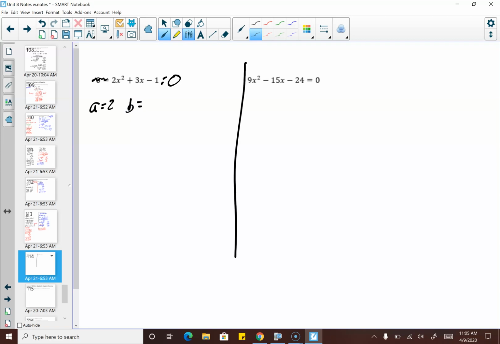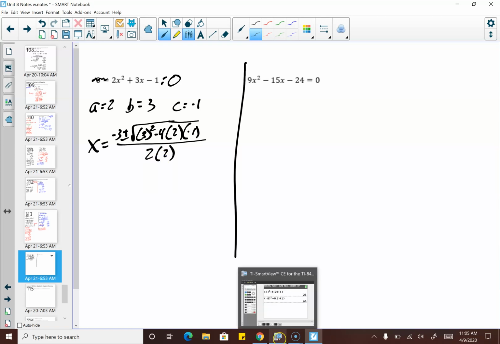So a is 2, b is 3, c is negative 1. X equals negative b, so negative 3 plus or minus 3 squared minus 4 times 2 times negative 1 over 2 times 2. So we'll go to our calculator here.